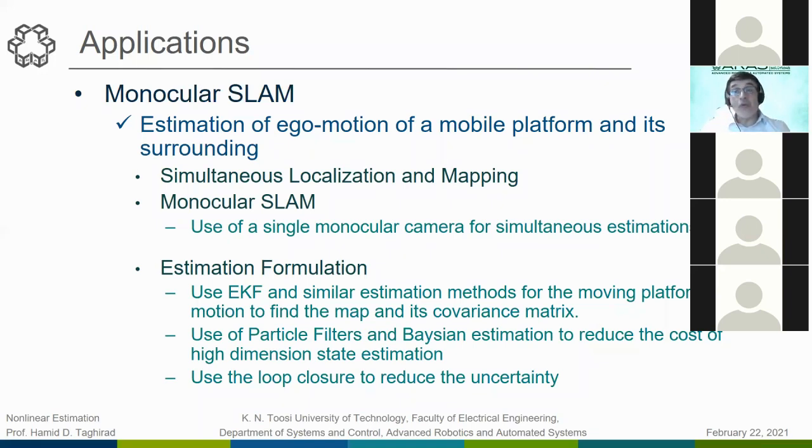And we can not only estimate it, we can also predict the future with the same idea. But the problem with the Kalman filter or extended Kalman filter is that as you move along, your problem becomes larger and larger in terms of the number of states, and you get stuck in the burden of numerical calculation.